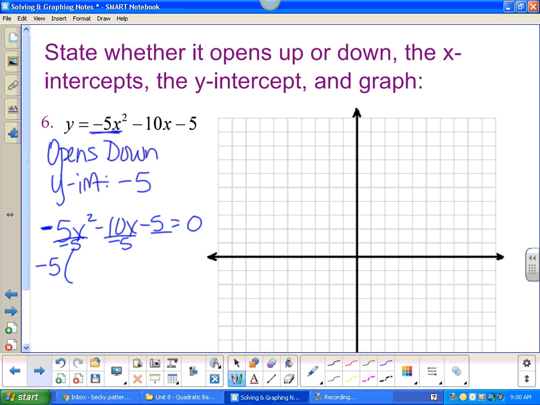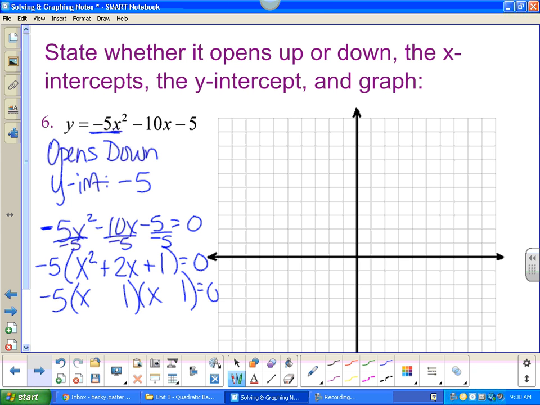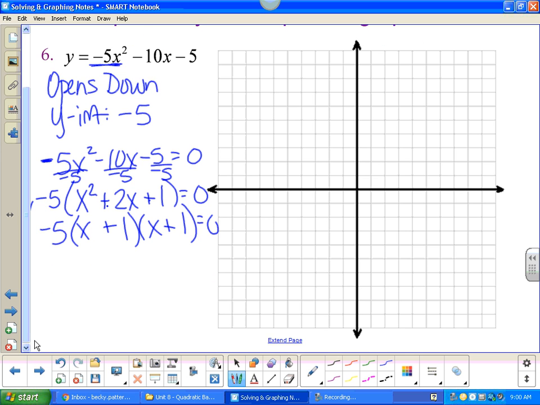So if I divide everybody by -5, that would give me x squared plus 2x plus 1. Then I'm going to go right into a trinomial. Factors of 1 that add to give me 2 are 1 and 1. Sign the same, both positive. Then I take all my parts and I set them equal to 0. That one doesn't count because it has no x's.